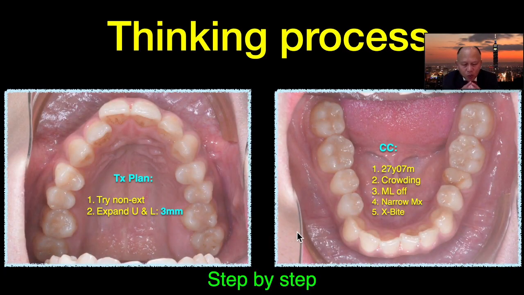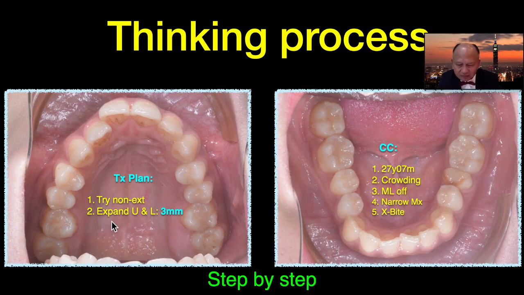In this whole section, I would like to share with you the thinking process that we have when we write up this ClinCheck. When I send it to the aligner company, I will overlay my chief complaint and my treatment plan on top of the occlusal view, this picture. So when I send it to the aligner company, they will have this photo with my treatment plan there.